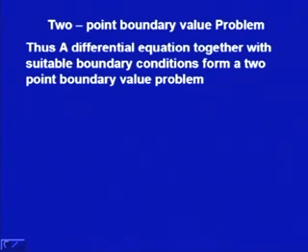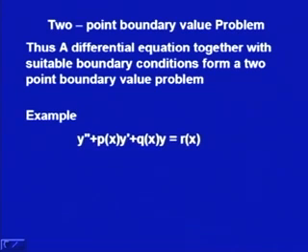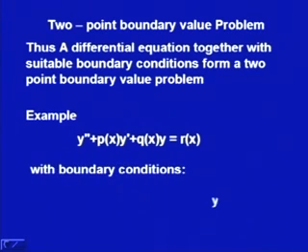That is why the name is boundary value problem. And a typical example, again I am repeating the same example here: y double dash plus p x y dash plus q x y is equal to r x with boundary conditions at two specified points a and b, y at a is y naught and y at b is y 1. So, this is one simple example.